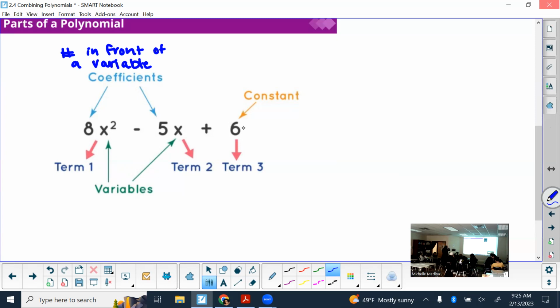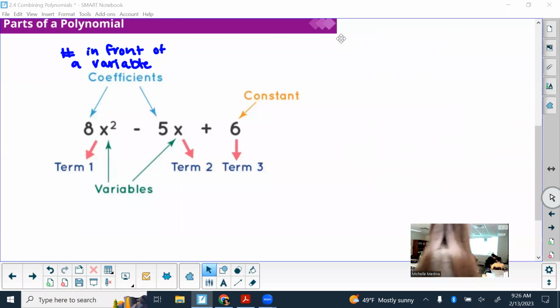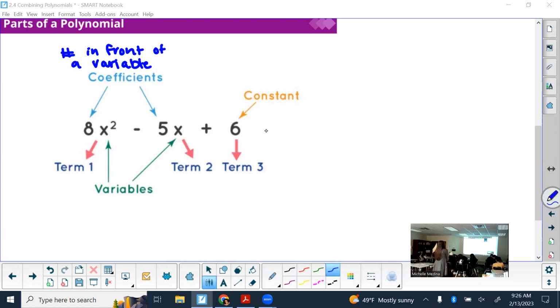And why not? All right, so the question was, is 6 a coefficient? And why is 6 not a coefficient? It's not in front of a variable. Good. So coefficients are the numbers in front of a variable.